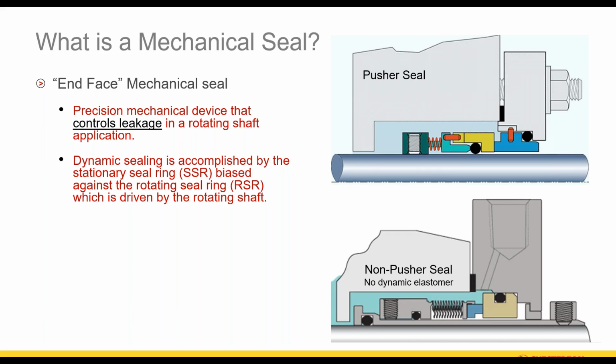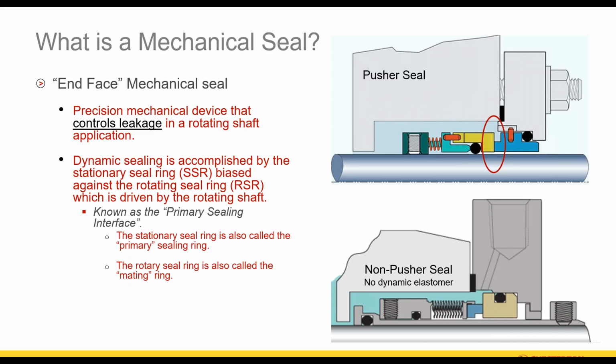And that is where the actual sealing is occurring. This is known as the primary sealing interface. The stationary seal ring is also sometimes called the primary sealing ring, and the rotary seal ring is also called the mating ring. So different manufacturers or different technical groups will refer to those two seal faces in that terminology. So just be aware of that.